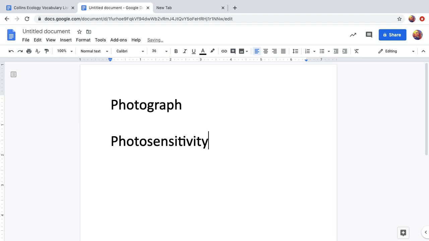photosensitivity. Now, this looks like a super big word, right? This looks like a very, very sciencey word. It looks like a word that is maybe a little confusing for us. But when we know how to break it down, it becomes a little bit less intimidating, right?